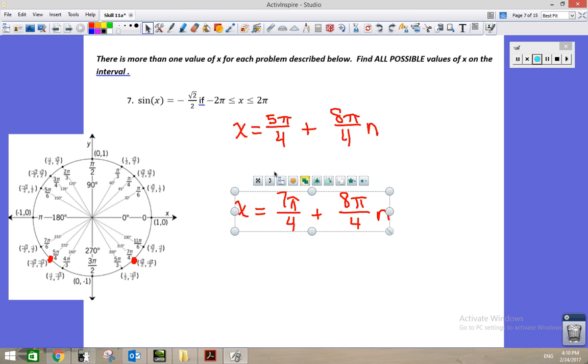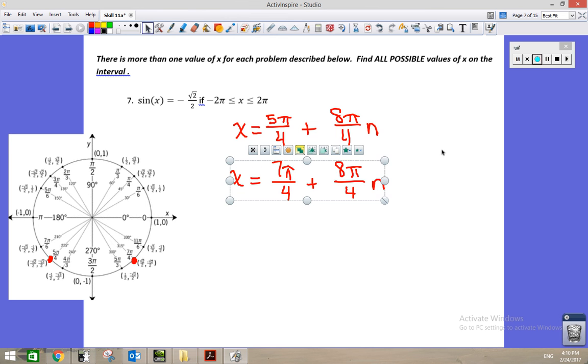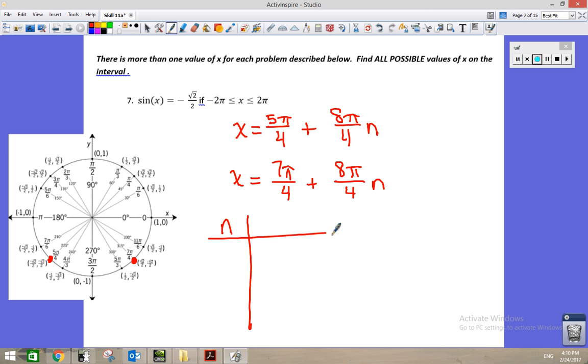So I know that if I let n be 0 in both of these equations, in this top equation I just have 5 pi over 4. Because when you multiply by 0, you get 0 and you're adding nothing. And down here, the same reason, 7 pi over 4. Those are two solutions that are in this range.